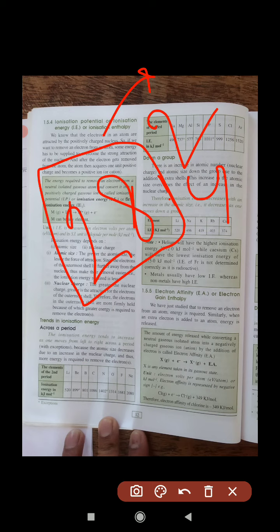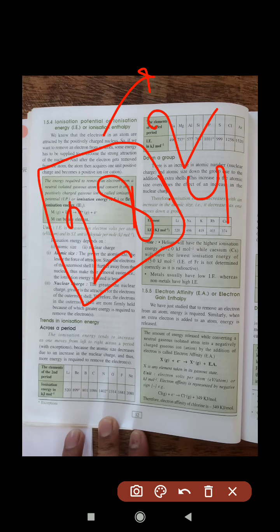So if you remember the electronic configuration and atomic numbers, that's why I told you to remember as many atomic numbers as possible. It's better to remember the whole S and P block elements. Transition elements are not that much in your class, but you need to remember the whole S block and P block, and their positions. Then you can think about their position and apply your common sense to get the answer.